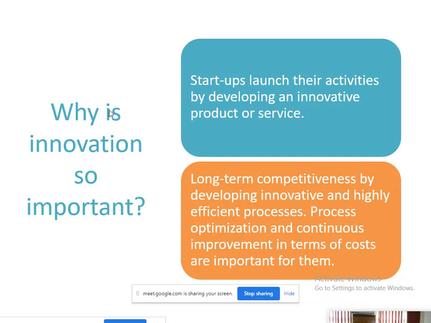If we think of it as a short term process, it won't be helpful, because if we launch any product, it must be there in the further period also. That's why long term competitiveness must be there while we do innovative things or new creative ideas.